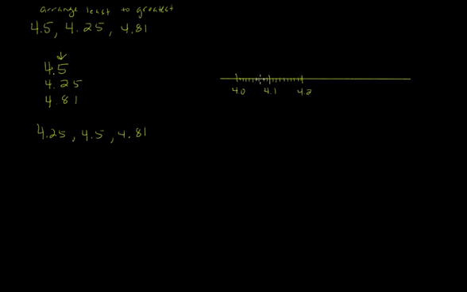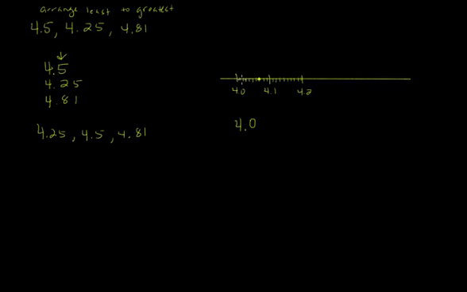Now let's say I put a dot right on this one. We know that it's more than 4, but it's in between 4.0 and 4.1. So we know that it's 4.0 something. Now we just have to figure out what these are.